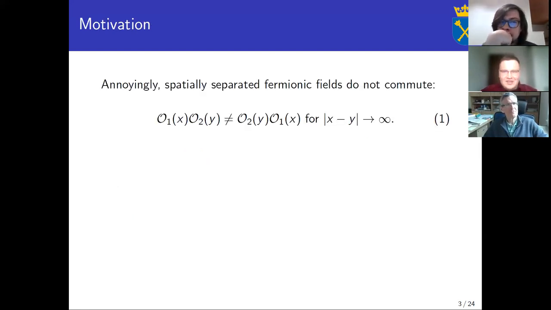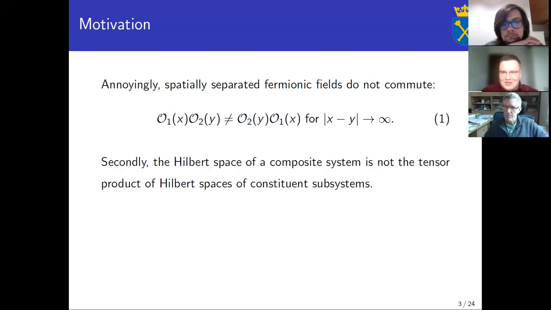So first, the motivation. As you well know, fermionic fields have the unpleasant feature that they do not commute even if they are placed at very distant spatial locations. So this is first of all counterintuitive, and also it leads to practical problems.